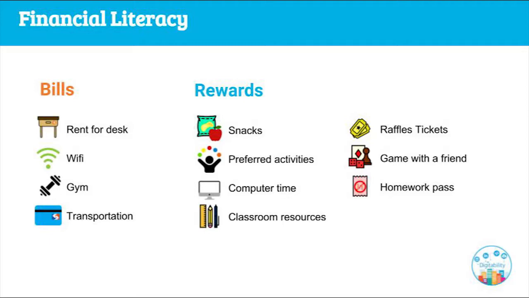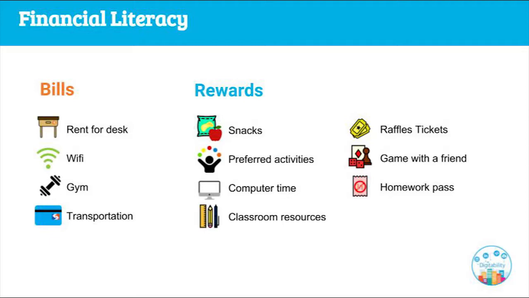Dawn uses Digitability's Dollar Earnings Tracker to keep track of how students are participating, interacting in the classroom, and ultimately how much money they're earning. Students will also track the dollars that they've earned and begin developing their own budget in the classroom. They'll use their money to pay bills, such as rent for their desk, Wi-Fi, a gym membership, and transportation.